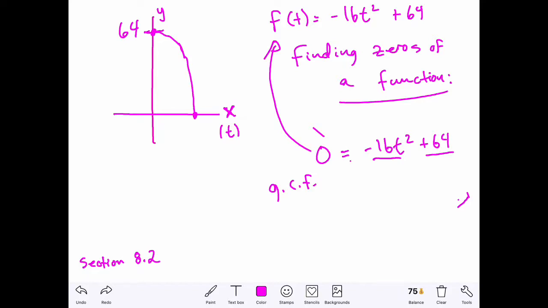Well, you'd be correct if you said negative 16. Remember, that negative 16 is just going to come out front. It's that process of factoring we worked on last chapter. Negative 16 over negative 16 is 1, leaving me just t squared. And 64 over negative 16 is minus 4.